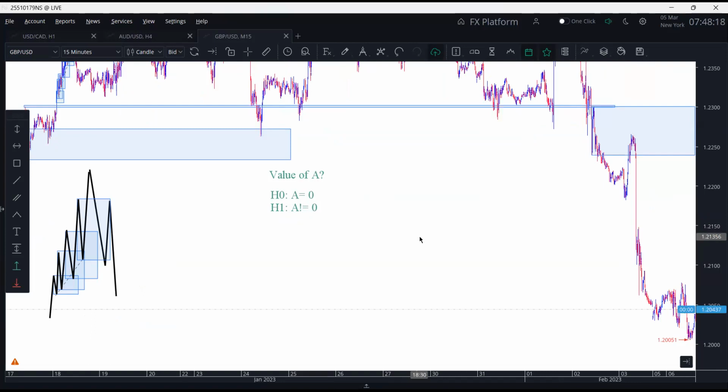But maybe another researcher comes and, with a different methodology, answers this question and finds out that A is not equal to 0. A is anything except 0. This is a theory. Theory is not always true.